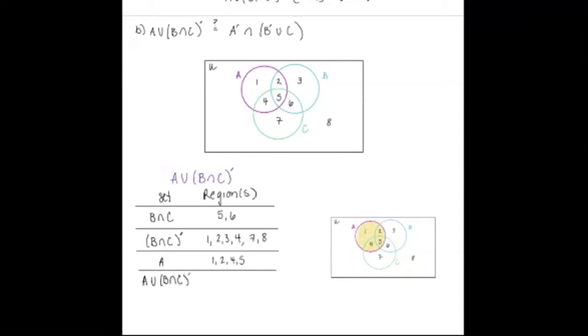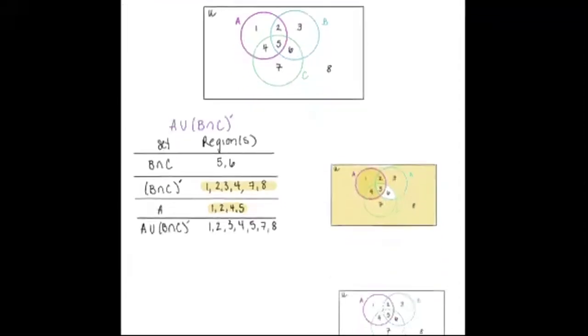So I'm going to take A and meld it with everything except 5 and 6. So when I merge these two sets together, I'm combining this and this. That's giving us 1, 2, 3, 4, 5, 7, and 8. As long as it's in one, it's in that union. So I'm pretty much talking about everything except region 6 in this set.